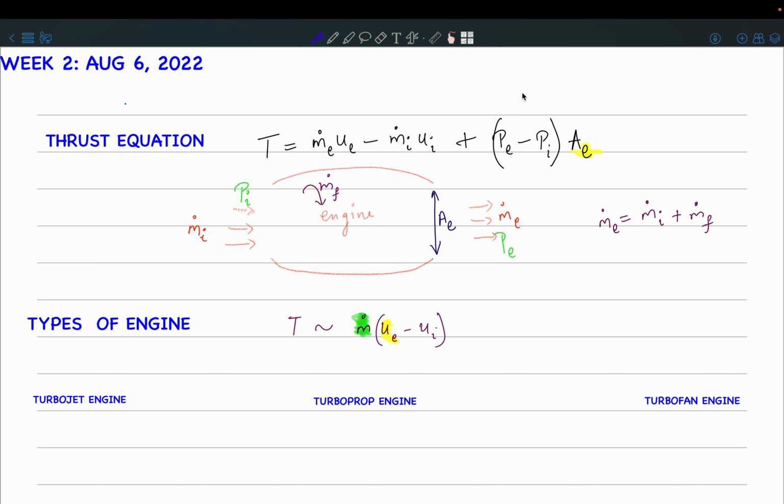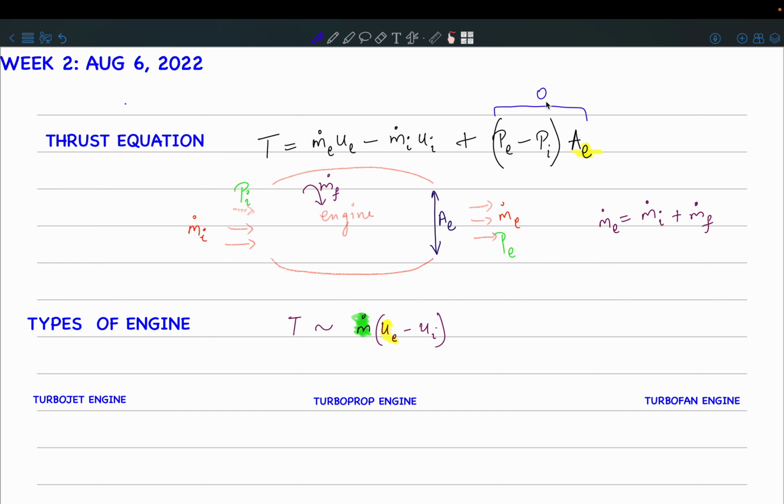So if you see the pressure term, force is pressure into area. The area that matters is only the exit area. The inlet area does not matter. So this is the more important thing you should know. And optimal thrust is obtained when this term is 0.